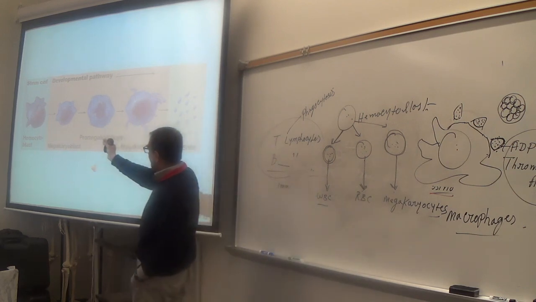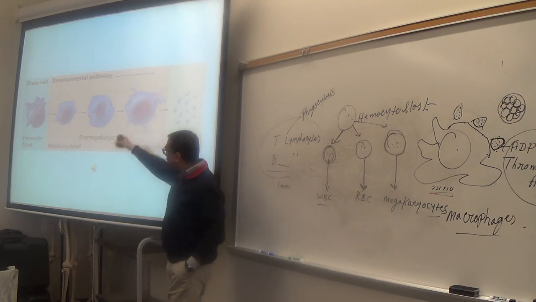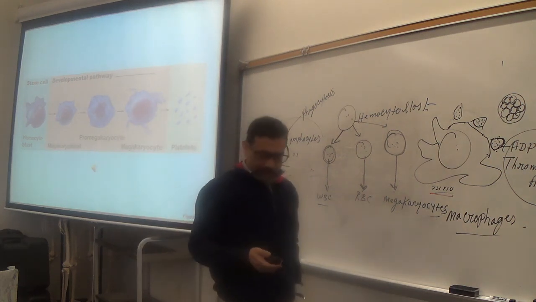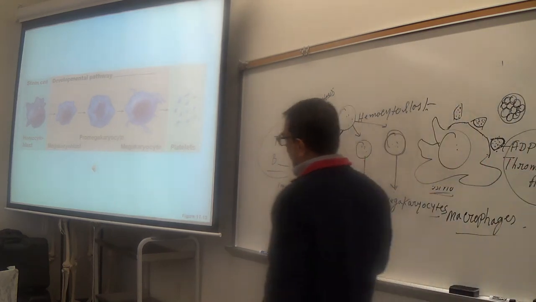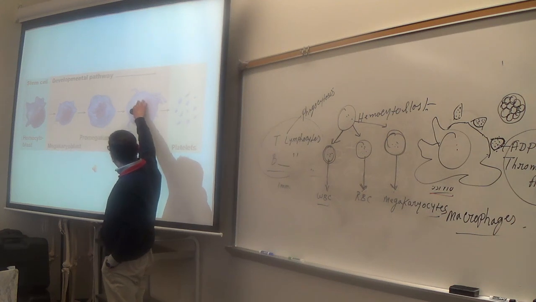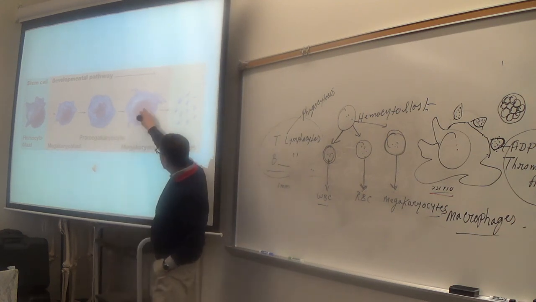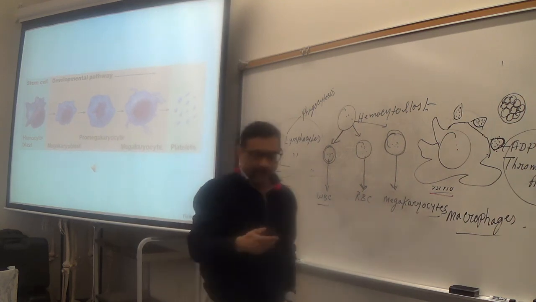So these are the steps of how a megakaryocyte is formed. You don't have to remember everything. Just know that hemocytoblast is the stem cell for all blood cells, and for platelets, the megakaryocyte is the cell that produces platelets. Okay.